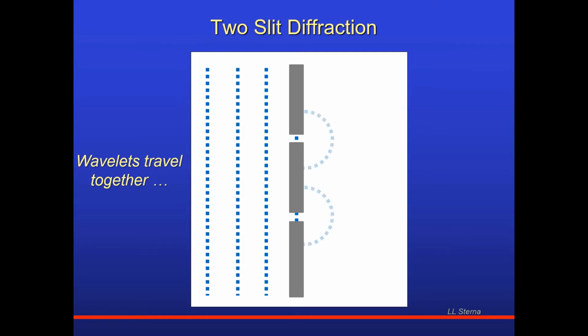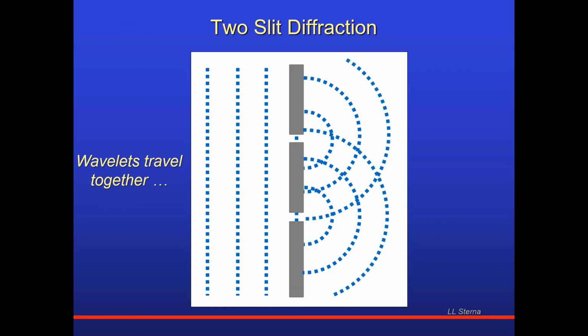When the wave comes out, it looks like two point sources of waves. Now as these spread, look what happens. They're overlapping. They're spreading, they're overlapping. Those two openings behave like two sources of waves. The two waves spread, then they overlap.